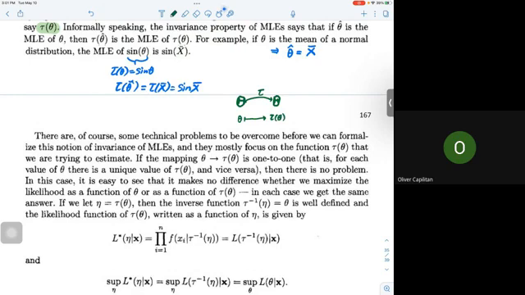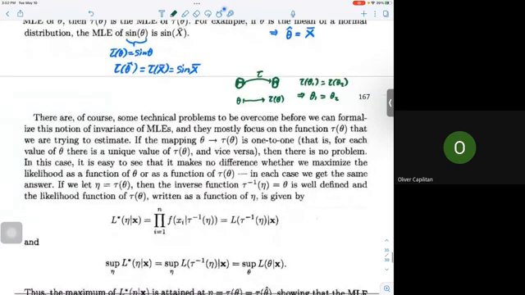If it is 1 to 1, the implication is that if the images of two elements in our domain, tau of theta sub 1 and tau of theta sub 2, are equal, we assume that they are equal, then this would imply that theta sub 1 is equal to theta sub 2. That means for a one-to-one function, there's no problem if the function tau is one-to-one.